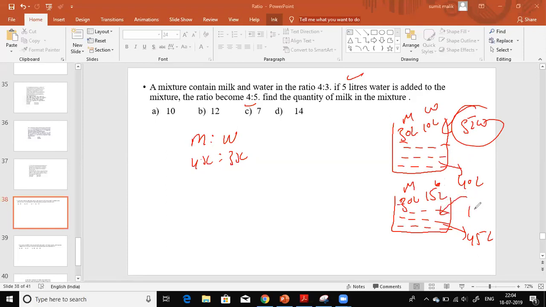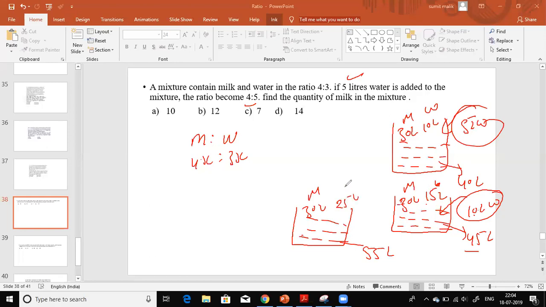Again, I am adding 10 liters of water. Now what happened? My new mixture will be 45 plus 10, 55 liters. Milk will remain the same, but my water will be 25 liters.